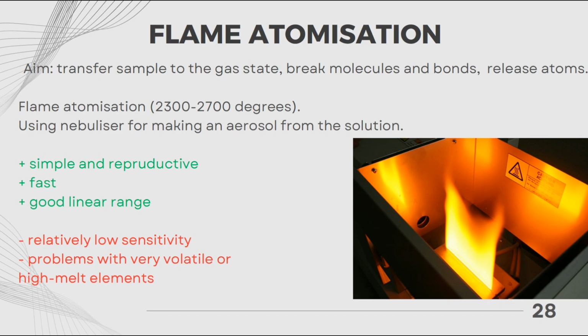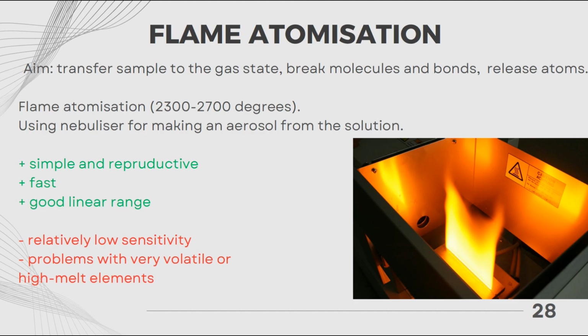What about pros and cons? Flame atomization is really simple and reproducible. These are really good advantages. Once again, it is fast. You may perform analysis really fast, and it is characterized with a good linear range, which means that it is good for quantification purposes. If you need to quantify some compound, flame atomization is a good selection.